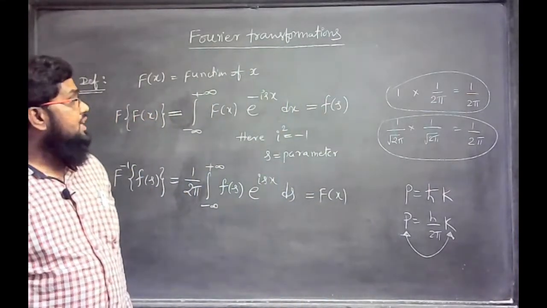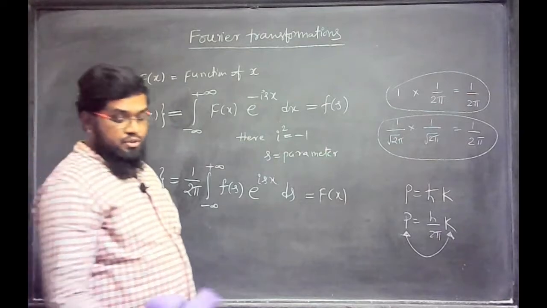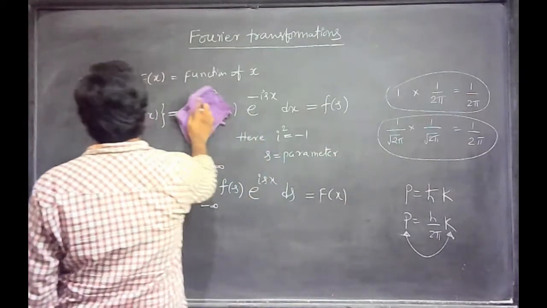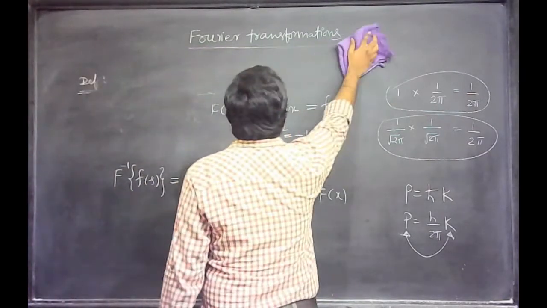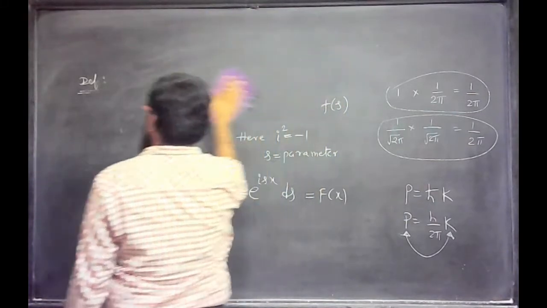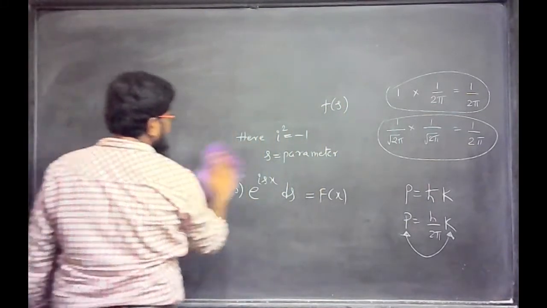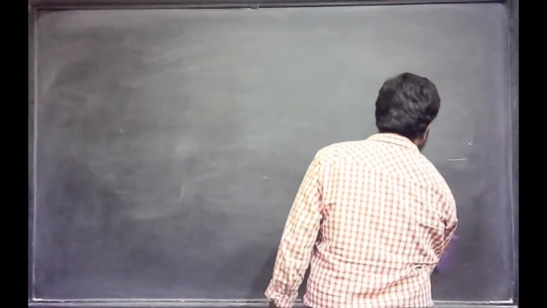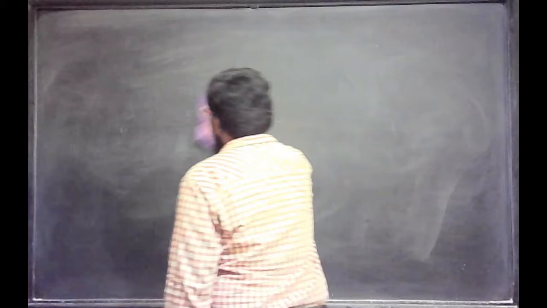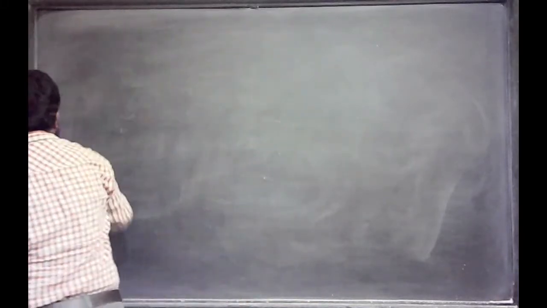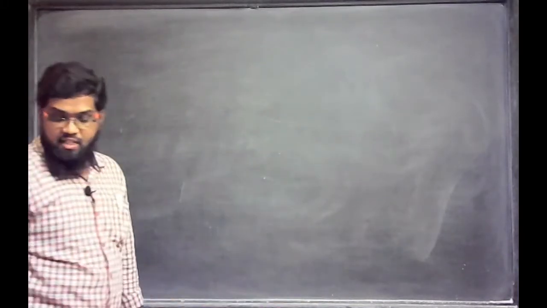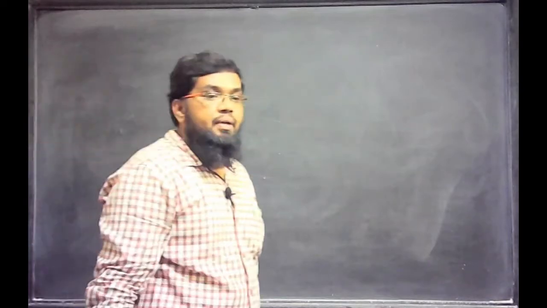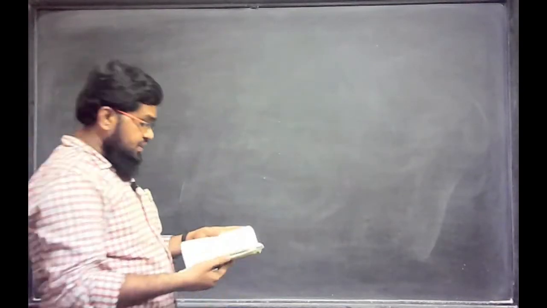Okay, fine. So let us take some examples to solve this. So the definition, we will take some examples, you will understand it very clearly. So let us take a simple example of Fourier transformation as follows.